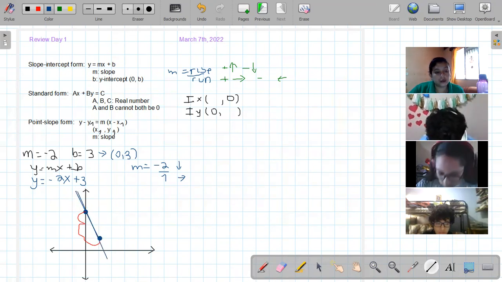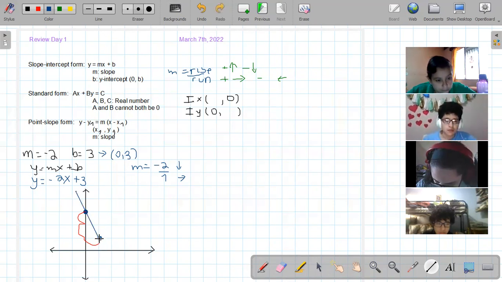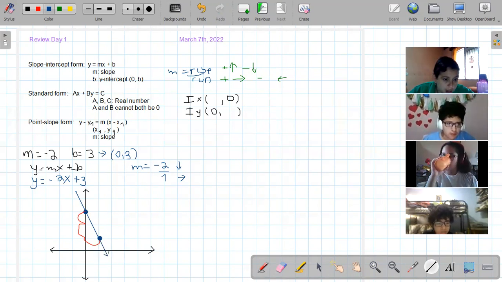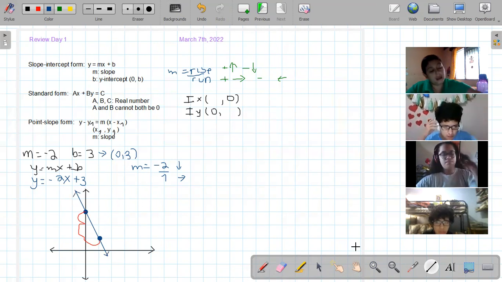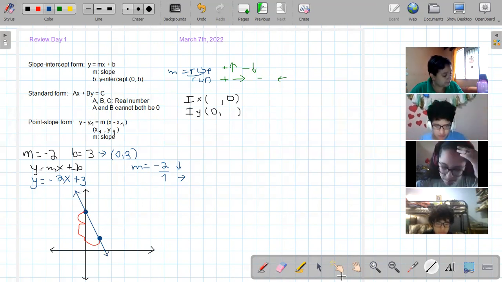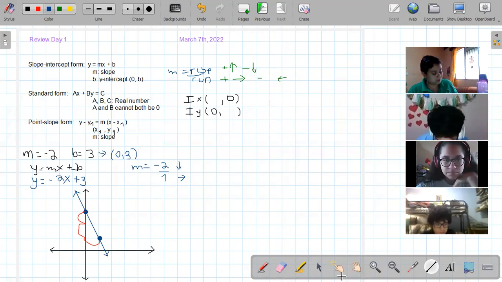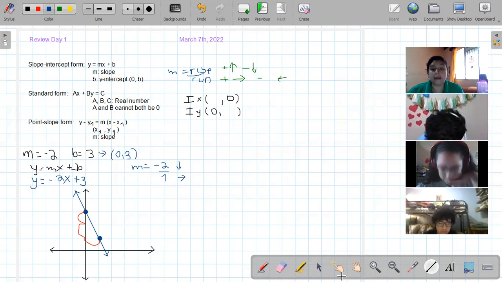It's really important for you to use a ruler, okay? And to draw the arrowhead in the graph. Questions? That is slope intercept form. Easy peasy breezy lemon squeezy, right?